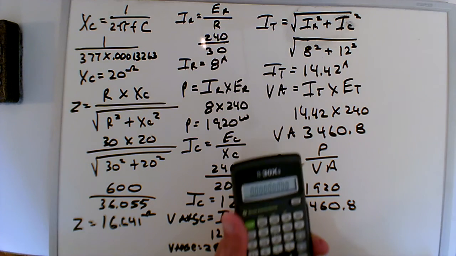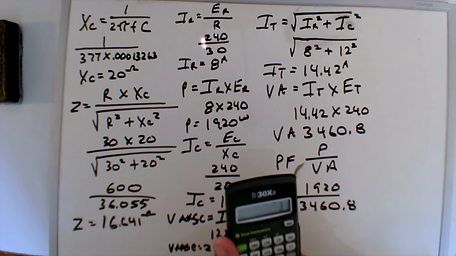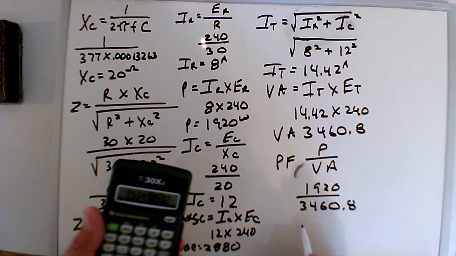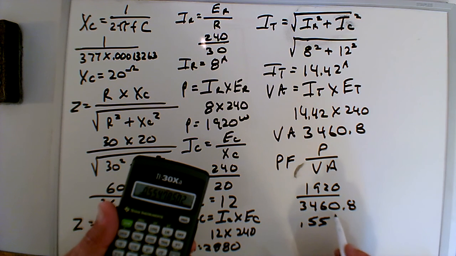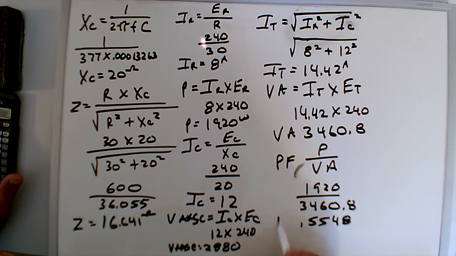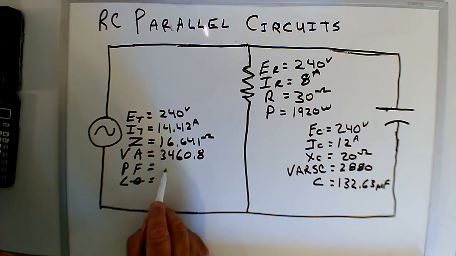Let's do that on the calculator. 1,920 divided by 3,460.8 equals 0.5548 as our power factor. And we can write that in.